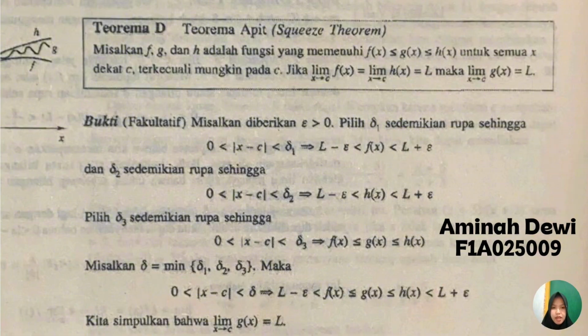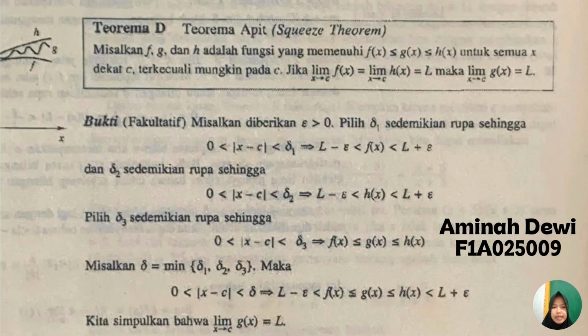Proof. Suppose epsilon is greater than 0. Choose delta 1 such that 0 is less than the absolute value of x minus c, which is less than delta 1, implies L minus epsilon is less than f of x, which is less than L plus epsilon.